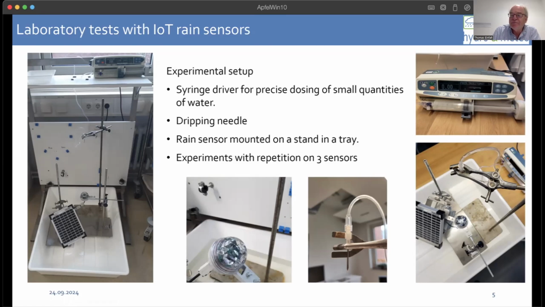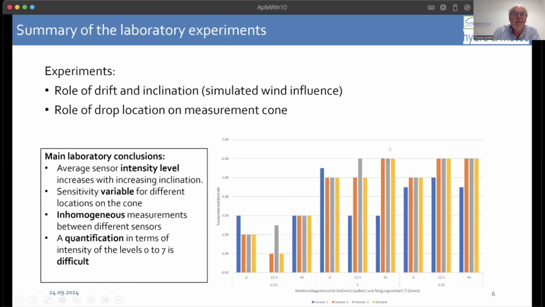And we did this with 2 different setups. On the one hand, we wanted to see the role of wind drift and inclination, so we simulated wind influence when the raindrops are not falling vertically on the device, and the role of the drop location on the measurement cone.